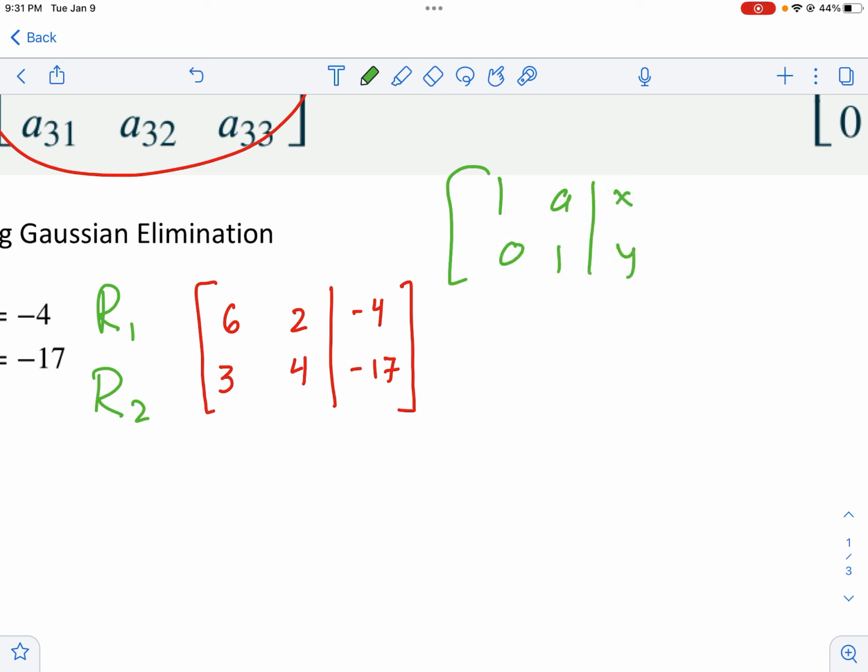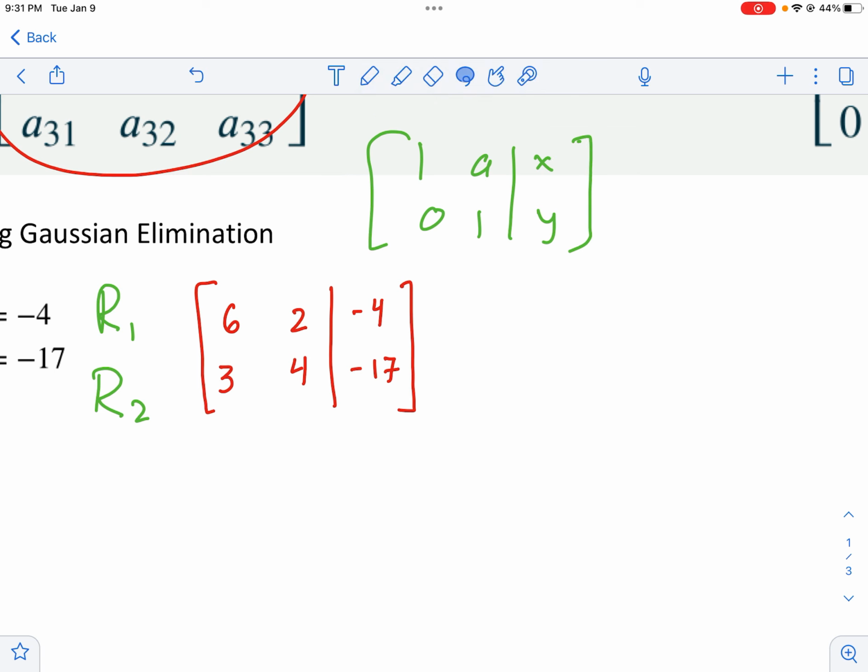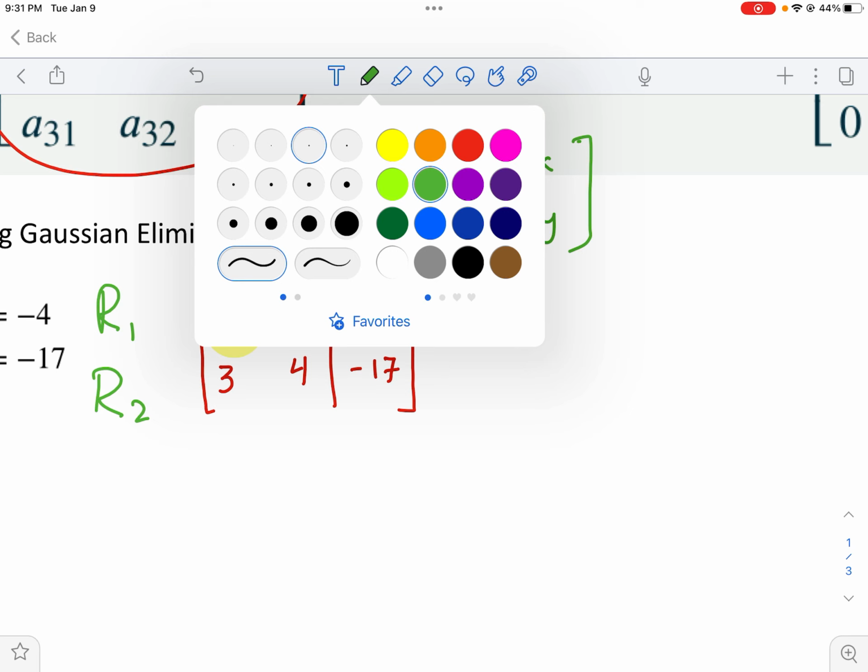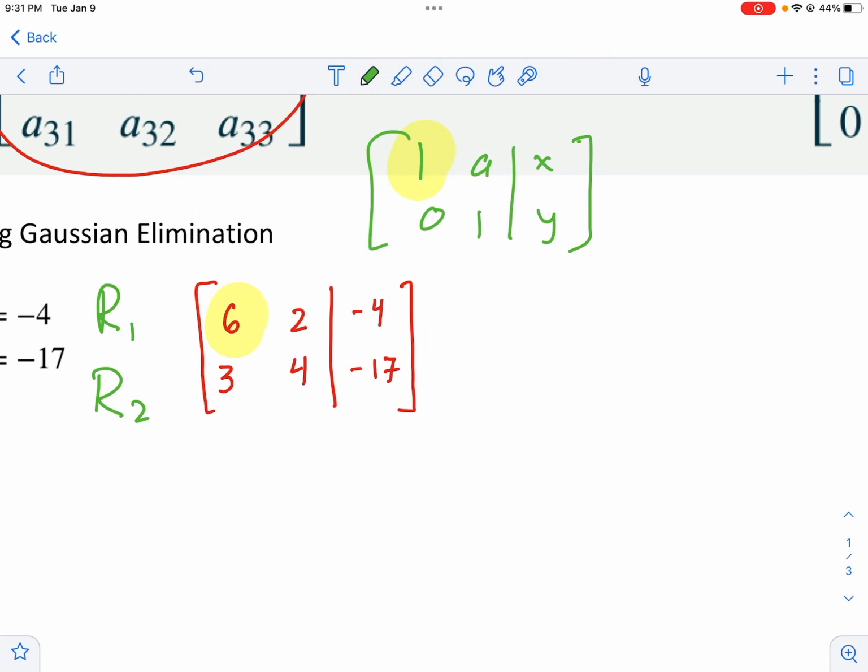So if I want to make this into a 1, I can multiply or divide, your choice. I'm going to take R1 and divide it by 6, because 6 divided by 6 will give me that 1.